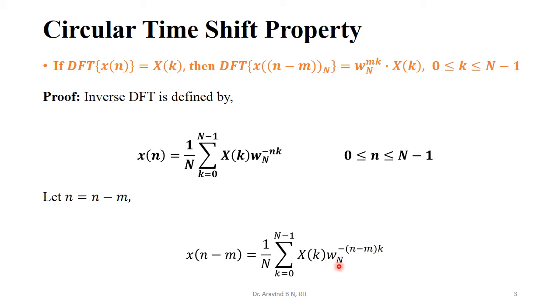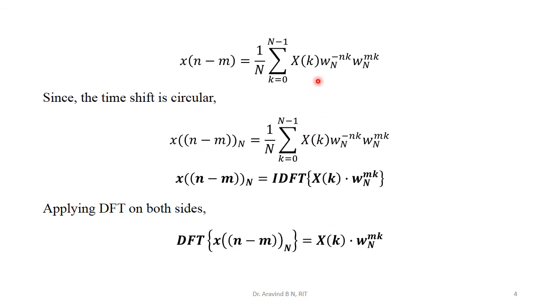So let us expand this twiddle factor. After expanding the twiddle factor, everything else remains as it is. The twiddle factor is expanded: omega N to the power minus nk, omega N to the power plus mk. Now this time shift is always circular in nature.